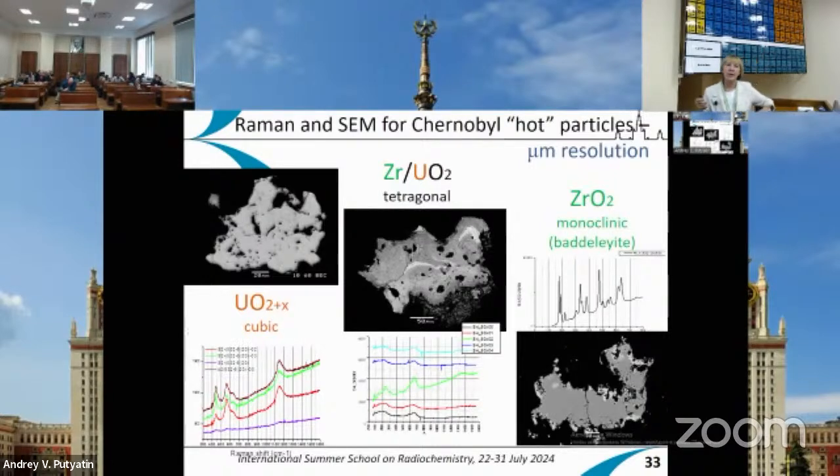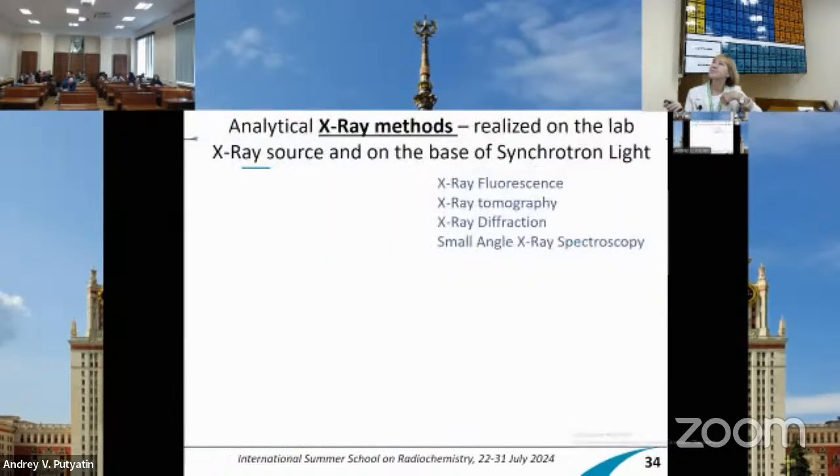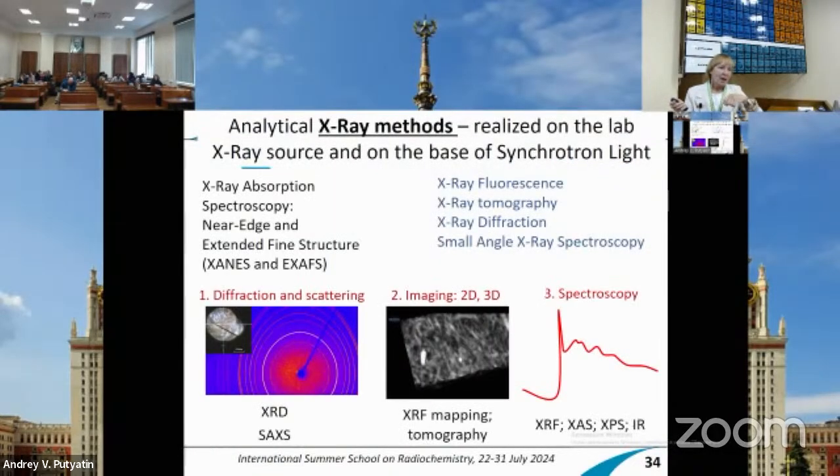You can see that we can obtain information from these different methods about elemental composition, about morphology, about phase composition, with very good micrometer resolution. And you have had some lecture about X-ray methods, as I understand, but I will repeat some words.